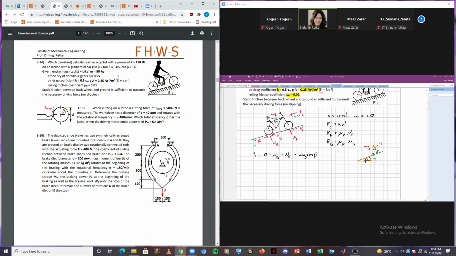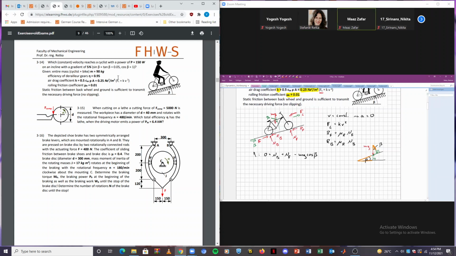So you simply have to find the lines that are perpendicular to the lines defining the angle beta. Of course, they both are perpendicular. All right, thank you.